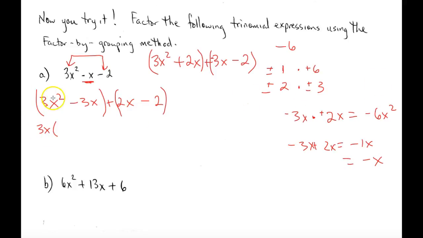So if we do that, that leaves us with x in the first term, and this will leave us with an understood 1 in the second term, okay? Plus, and for the second group, we have 2x minus 2. The greatest common factor for those is a 2, so we're left with x in the first term and a minus 1 in the second term.